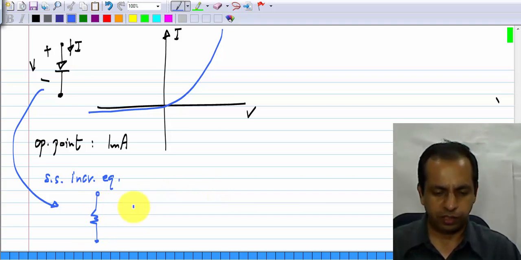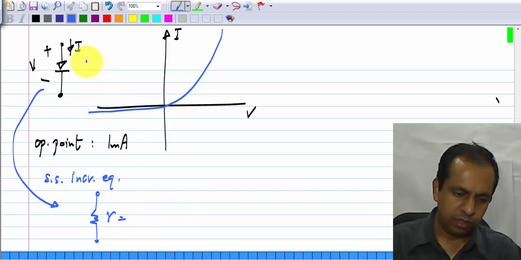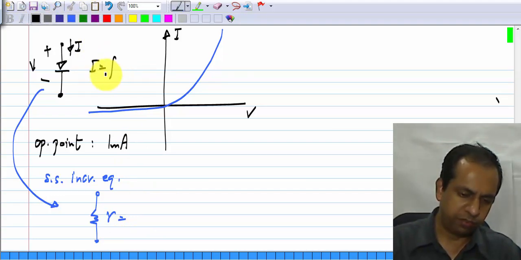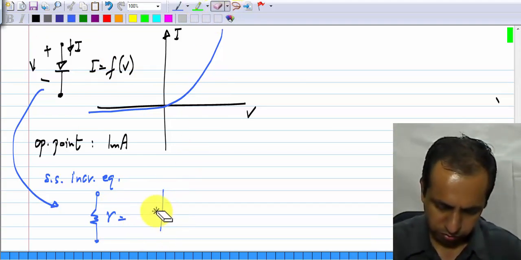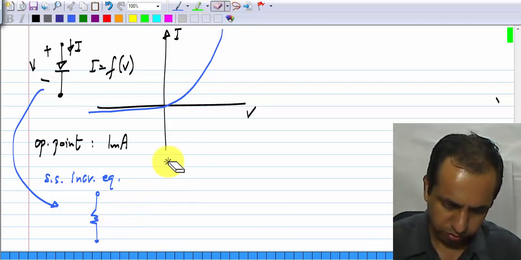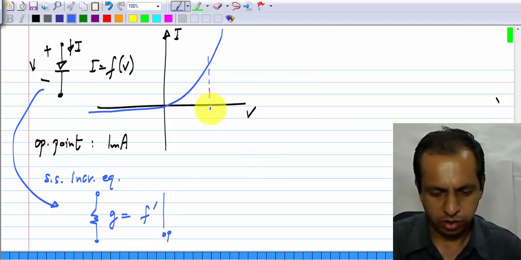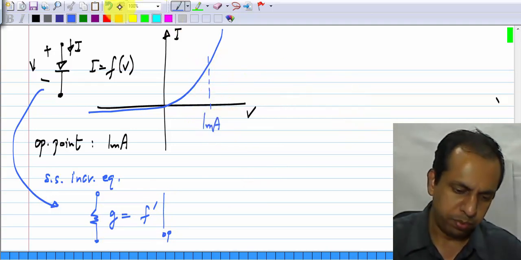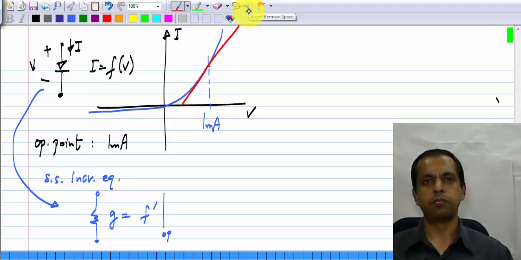We know how to find the value of this resistor. If the nonlinearity is F, the conductance G will be F prime at the operating point. So, you have 1 milliamp and it is the slope of this graph.